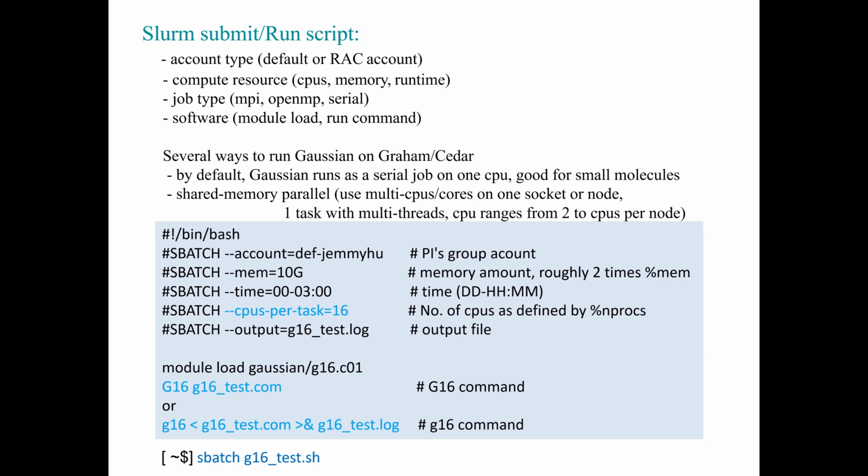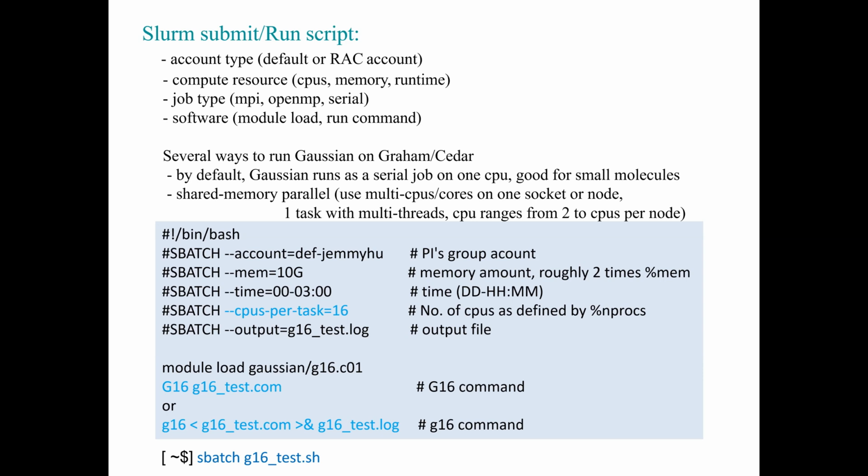The first thing is you need to specify your account. Each of you will have a default account per group, like mine is my default account. And for some of your groups, you have a RAC allocation, which is a higher priority account, so you would like to use that. That will be good for some of you.